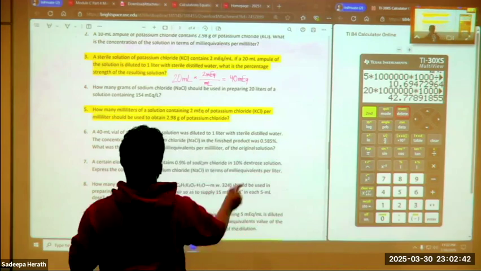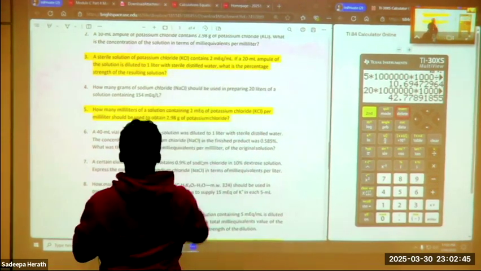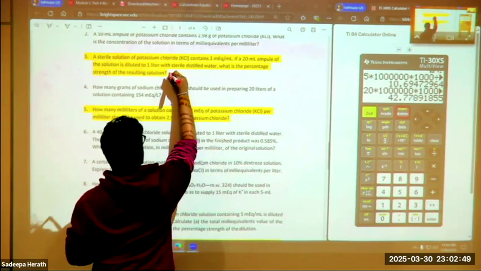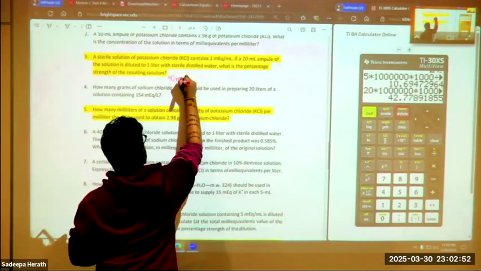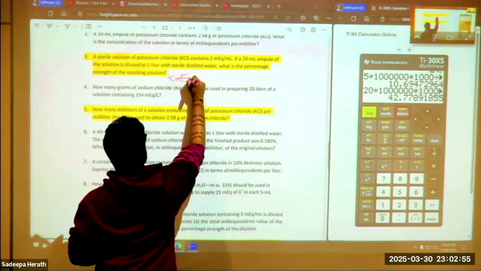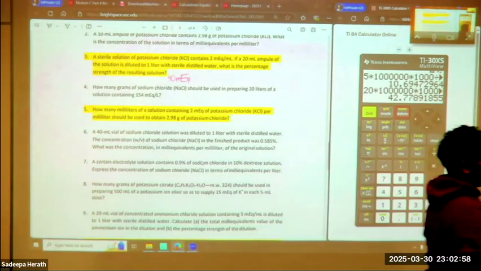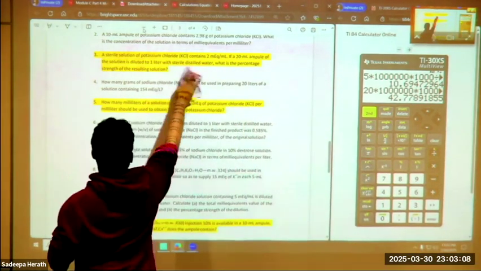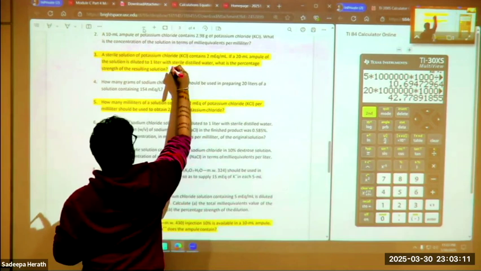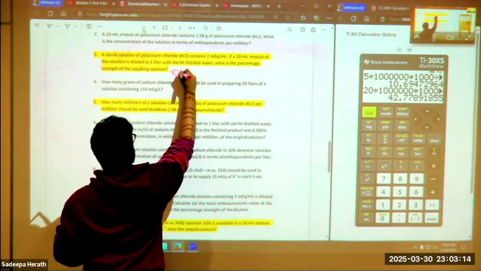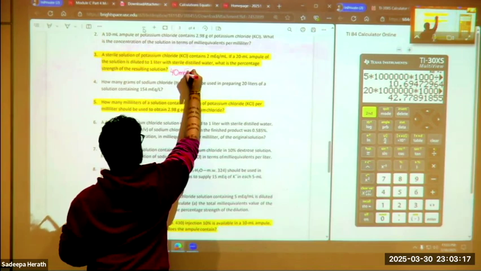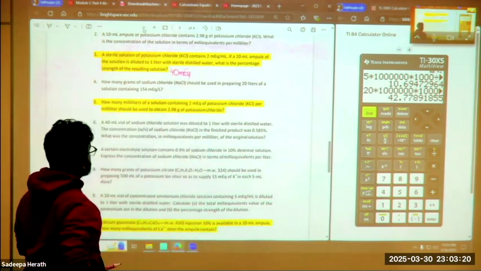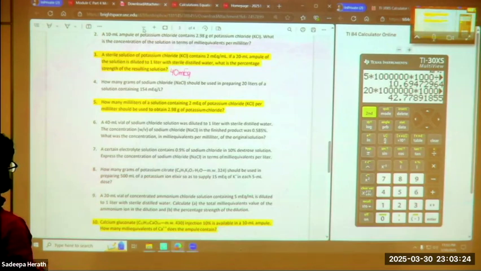So we know there's a total of 40 MEQ. The idea of milliequivalence is that charge is being considered.